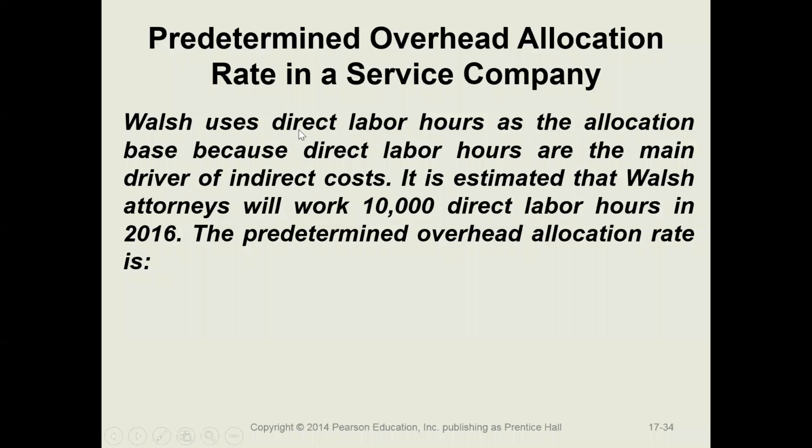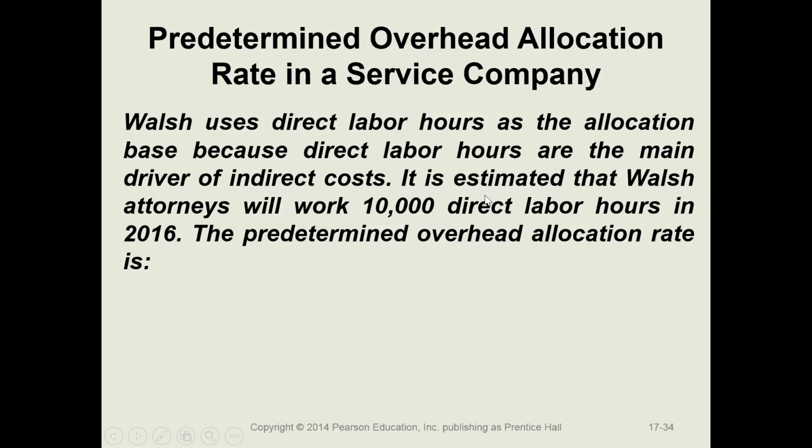This company uses direct labor hours as the allocation base. That makes sense because a service company doesn't provide any products, so they don't use a lot of machines, they use a lot of labor instead. So labor would be an appropriate driver to use for allocating indirect costs.